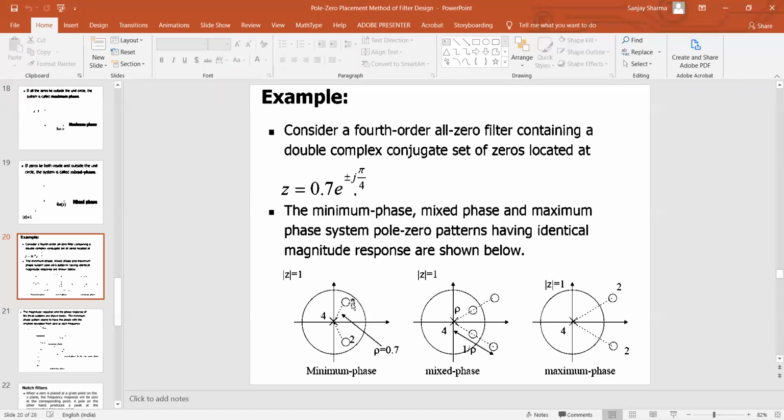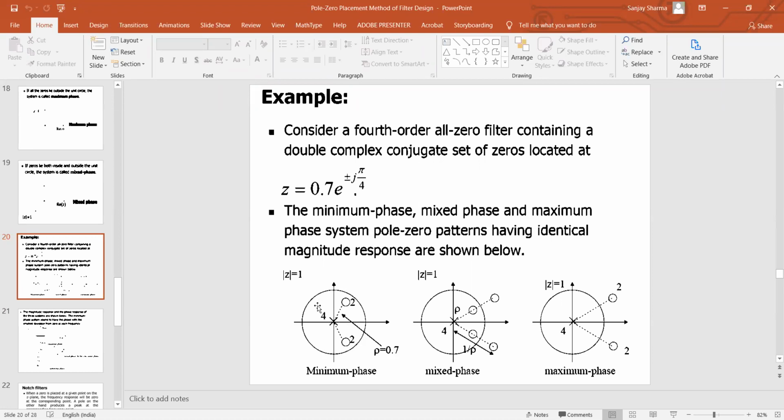So two zeros are here and two zeros are here. What is 0.7? This is very important actually. I will explain: this is the distance of the zero from the origin. From the origin, the distance is 0.7. That is the value of rho. Rho equal to 0.7, and two zeros are lying here and two zeros are lying here.